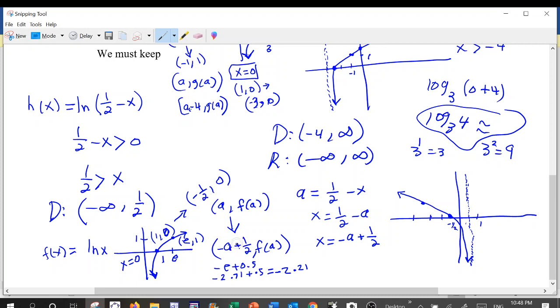So if you reflect this over and then move it to the right 1/2, that's what you're going to get, right? So that's the idea of graphing it. Now you can find the domain. Of course, we found the domain already, but I wanted to graph it. We're going to graph some more of these, but for now, that's how you graph it.